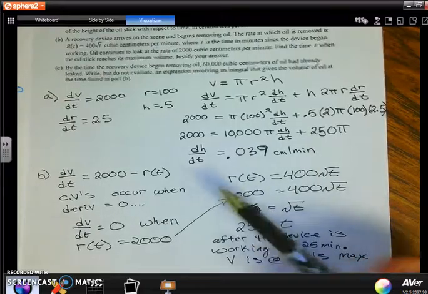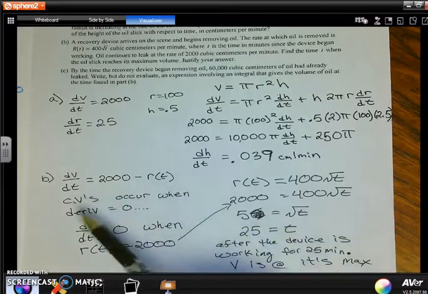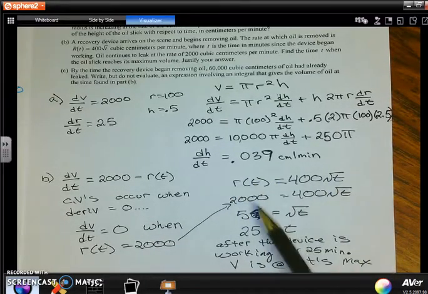And again, we got that because you need to know that maximums occur at critical values, and critical values occur when the derivative is 0. So I took this derivative and said, when would that derivative be 0? Well, this thing is going to equal 0 when R is 2,000. So if I know that R is 2,000, I can figure out what time that's going to occur.